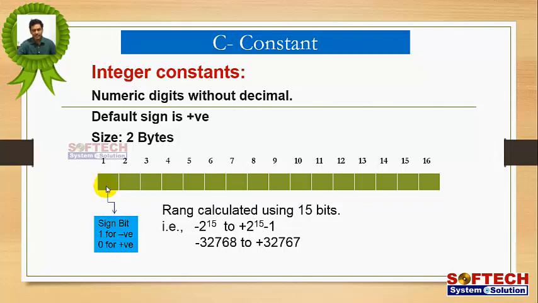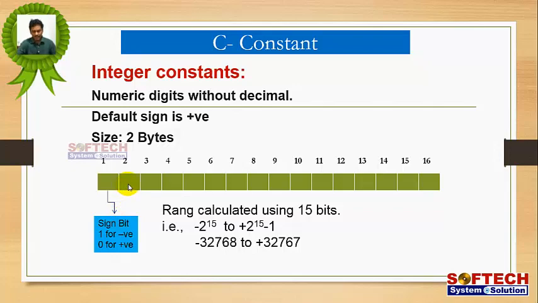If the first bit is 0, the value is positive. The remaining 15 bits, that is bits 2 to 16, we can use to store the value. The range is calculated using 15 bits only, because the first bit is allocated for the sign.